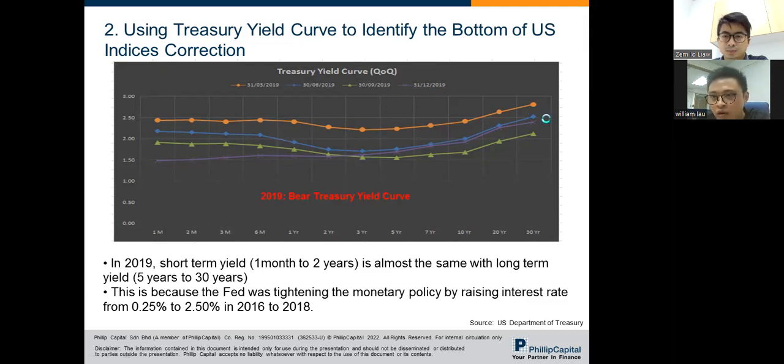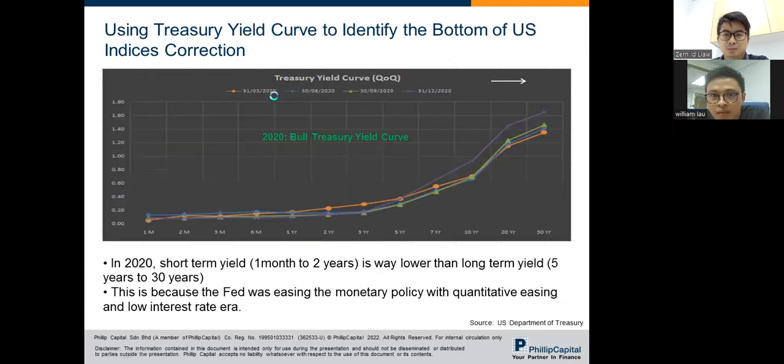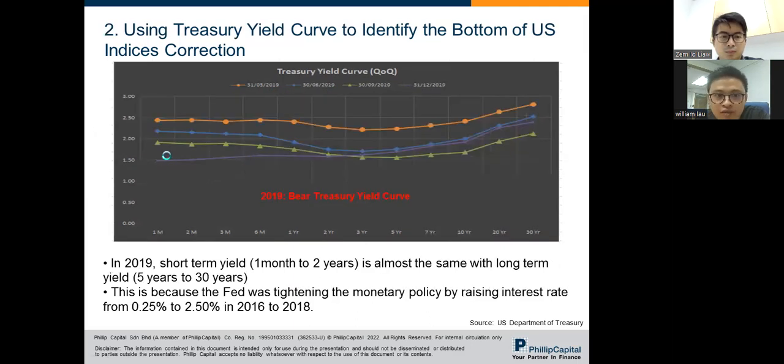So within 3 months, after December, from January 2020 until March 2020, the yield curve for the short term actually moved from 1.5% down to 0 point something. That is exactly what fueled the US indexes market to enter a really bullish mode.